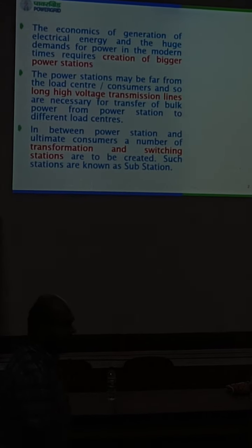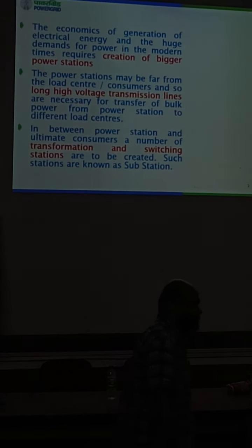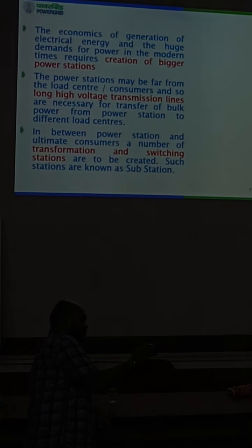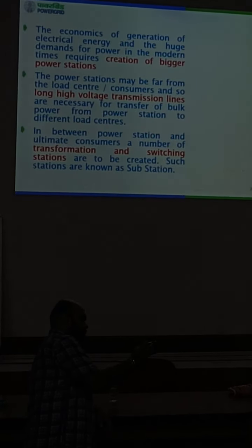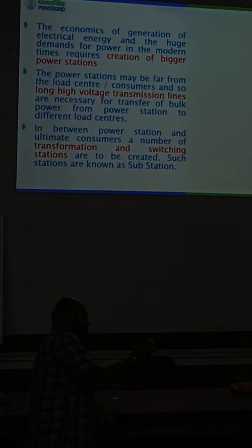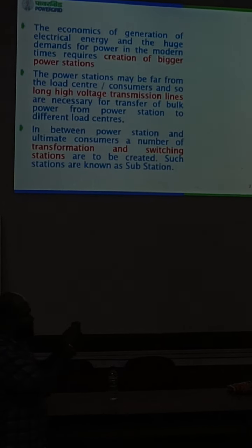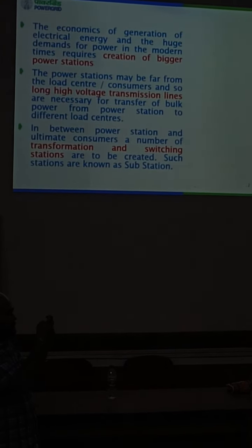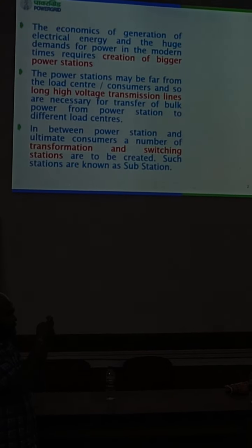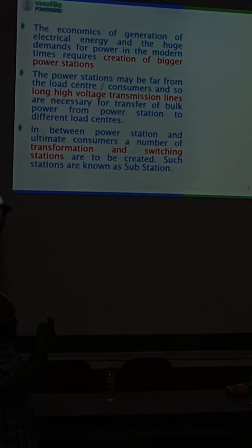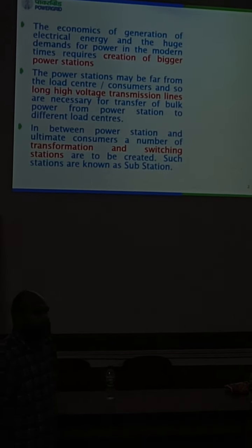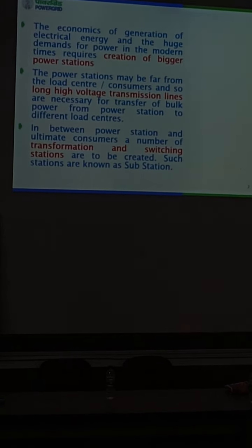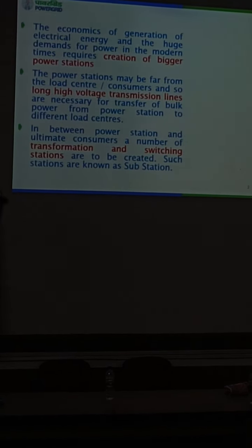So somewhere we have to step up the voltage and do the transmission, and somewhere we have to step down for consumption. A lot of transformation has to be made in the process from generator to consumer. The thumb rule says that if your generator is 1 megawatt, almost 7 times transformation is required from generator to consumer. So many transformers will be in the system.